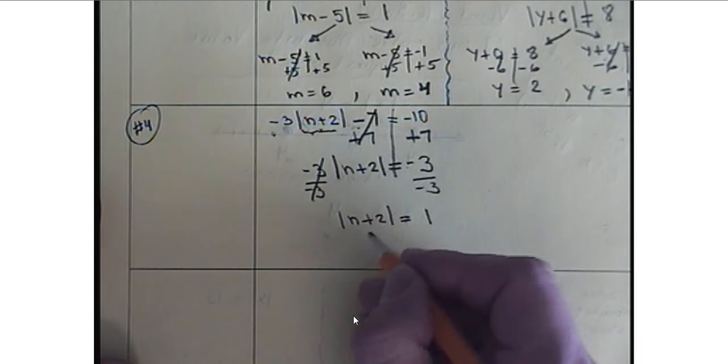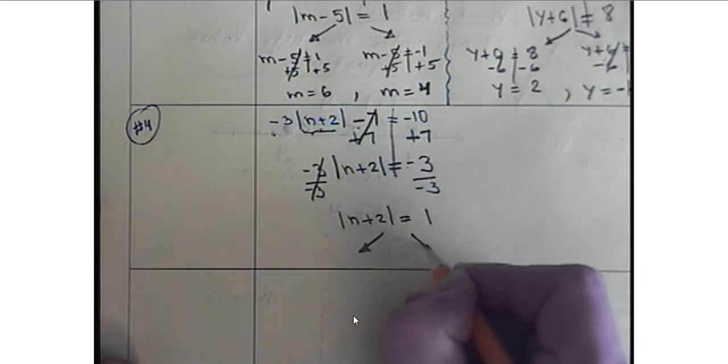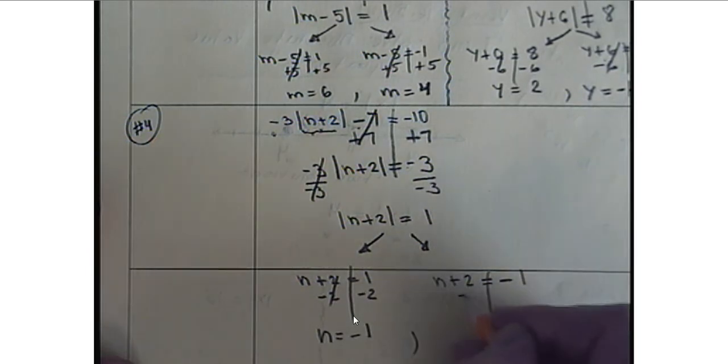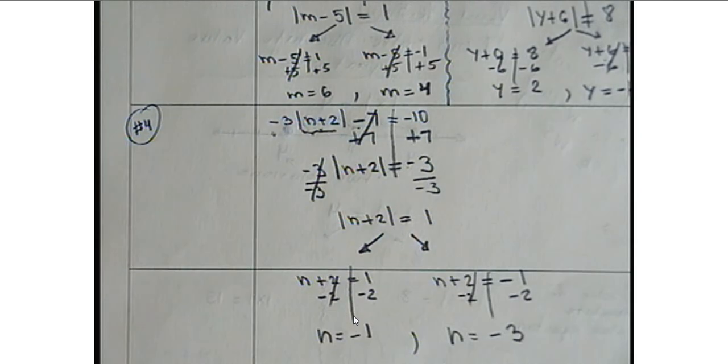Once we have absolute value equal to a positive number, the final thing is to separate this, and we're going to say n plus 2 equals 1, n plus 2 equals negative 1. And we're going to solve the equations, so minus 2, n is equal to negative 1, minus 2, n is equal to negative 3. That will be the final answer for this example.